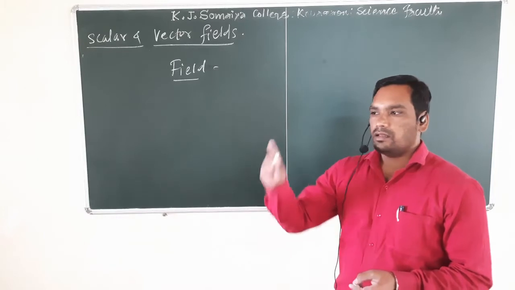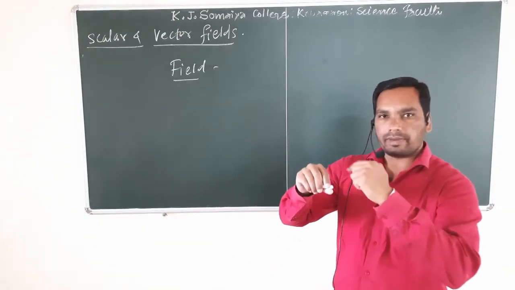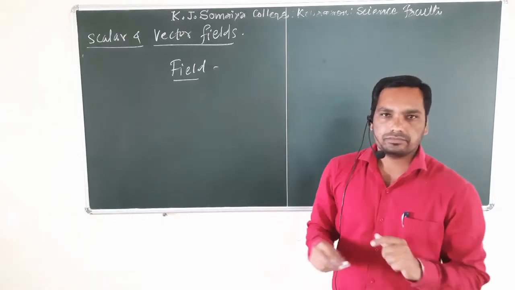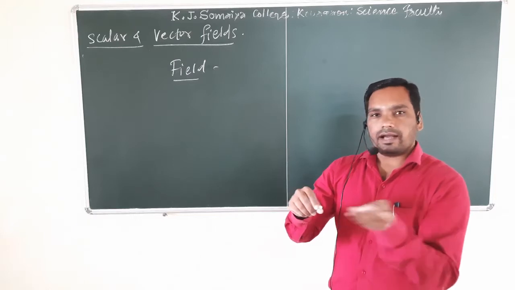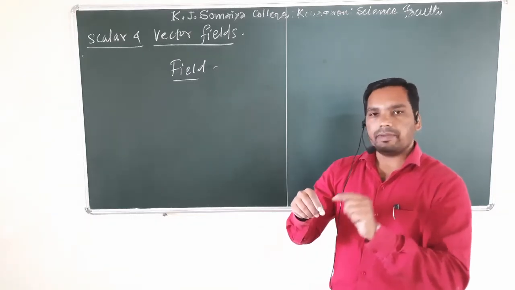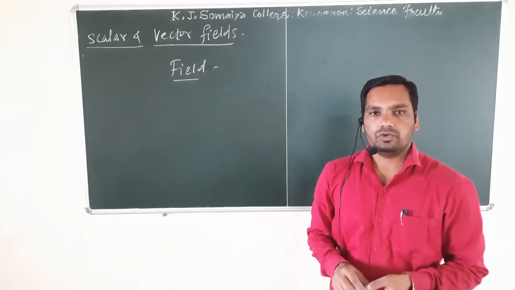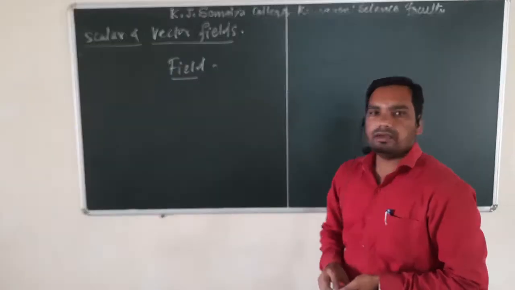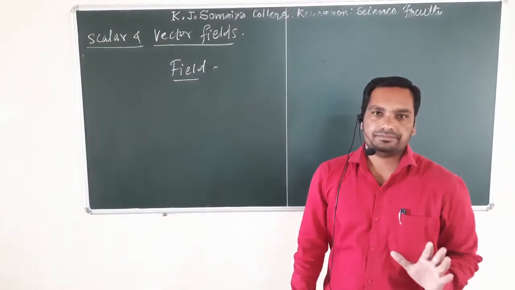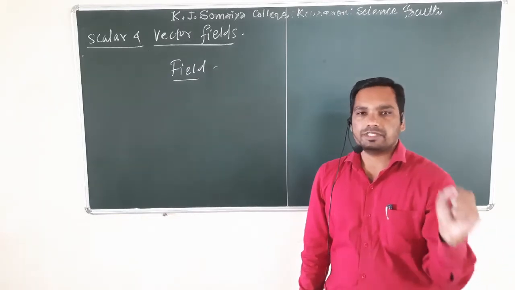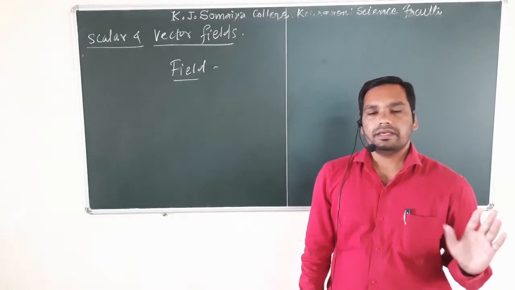So we know that for a bar magnet, there is some region around it in space. In that region, if we take another bar magnet, that bar magnet experiences a force. So what is meant by field? Field is a region of space in which any physical quantity is defined.